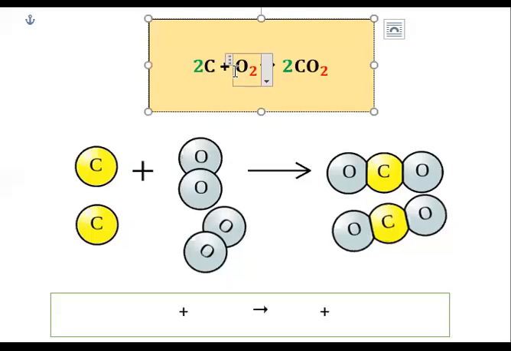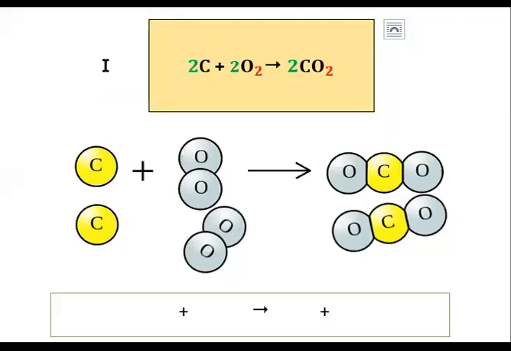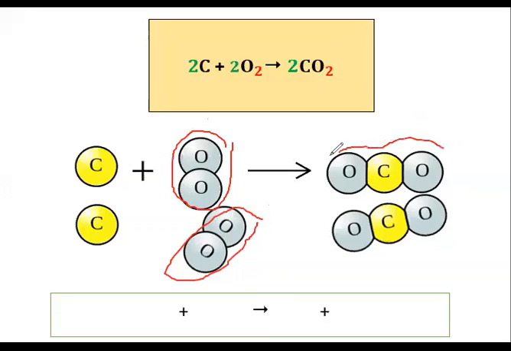When we add a number before, and I'm just coloring that in green, it tells us that there are 2 molecules of oxygen now, right? I'm going to draw it. So this is 1 molecule, and this is another molecule, okay? Same thing with carbon dioxide. There's a 2 before, so here's 1, and here's another one.